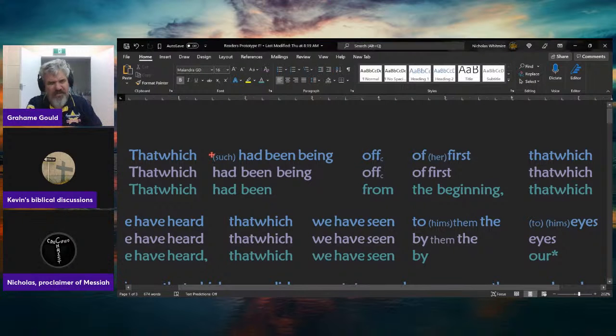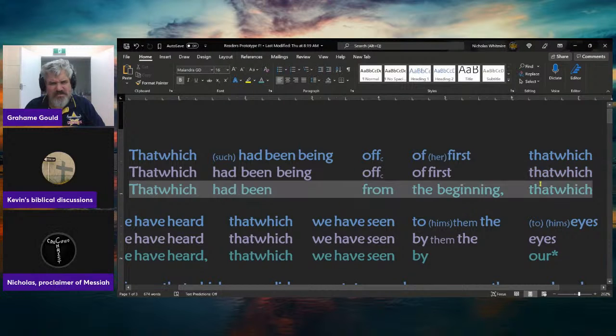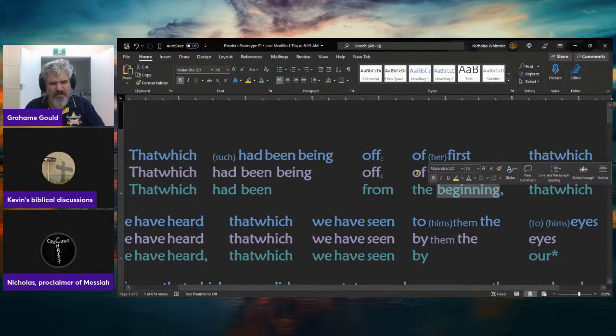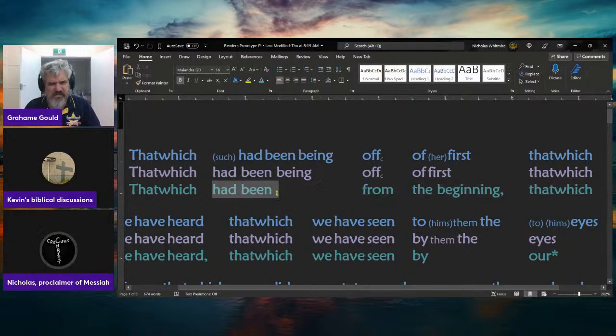So this word for "was", this is where I put the standard English that people expect already. So you can see I put "the beginning" here instead of "first". But I still didn't put "was", because I think there's actually an important point here.